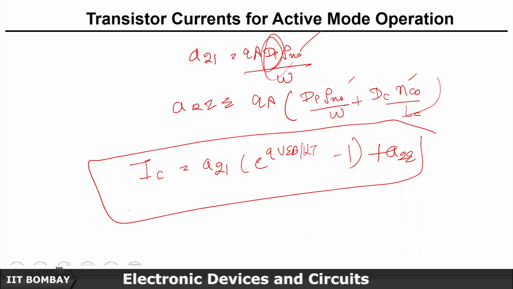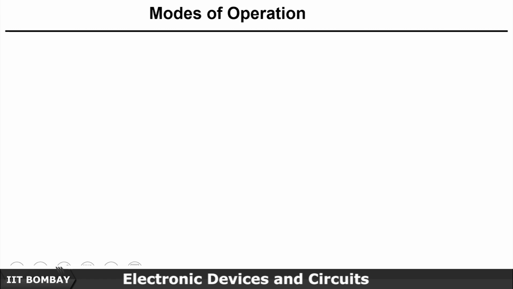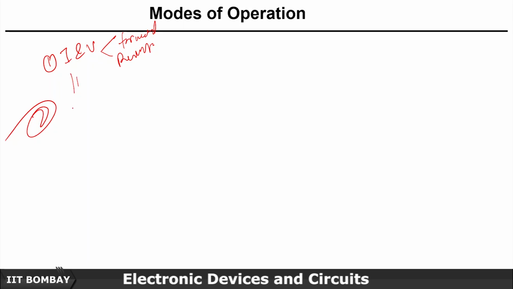It's fairly easy. We talked about the current, charge distribution, and the I to V characteristic for both stages, forward biased and reverse biased.